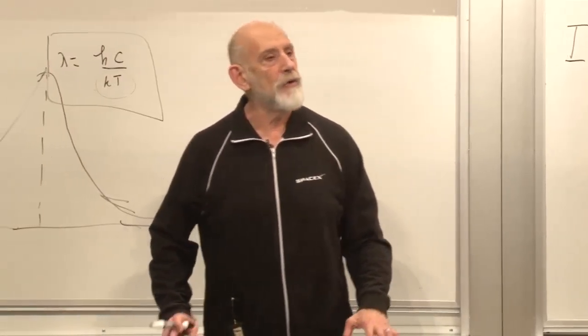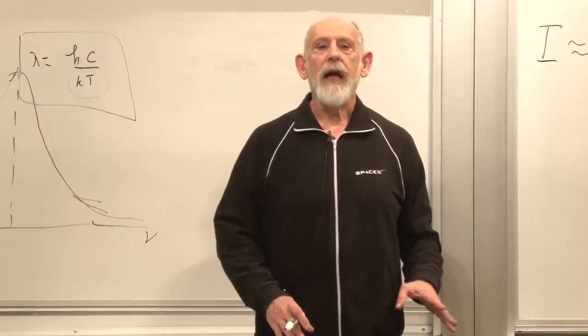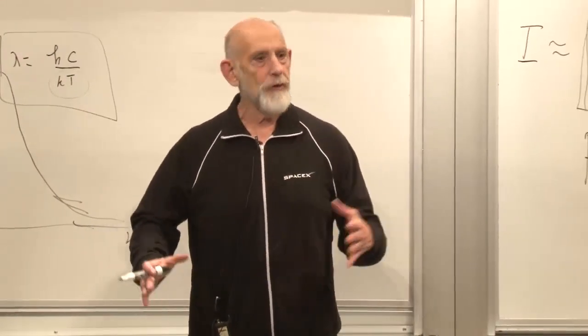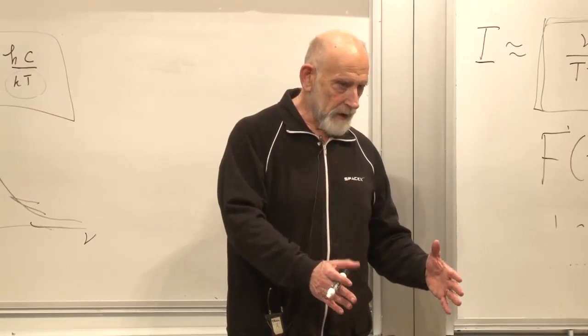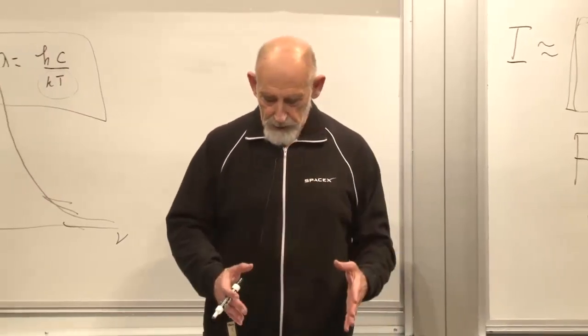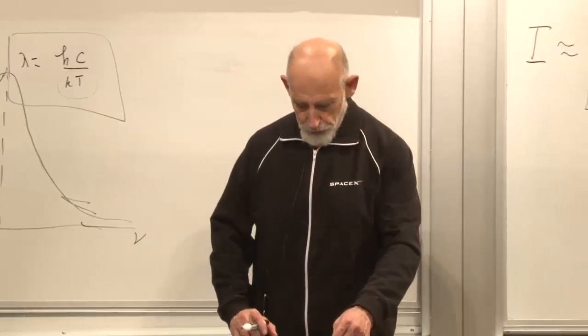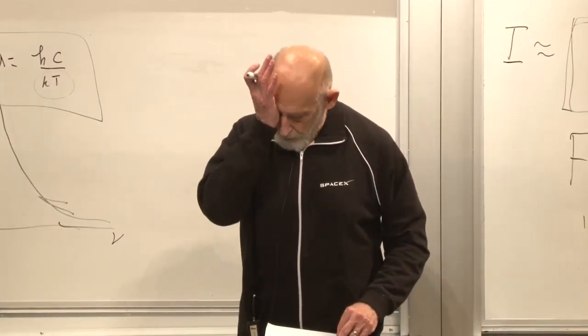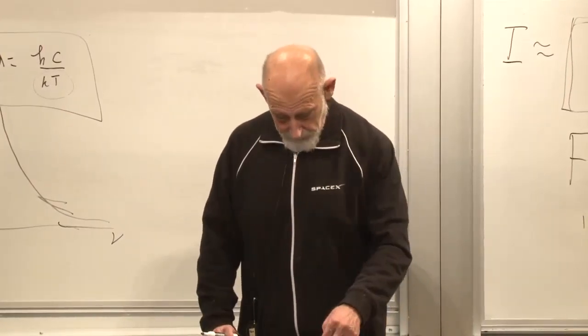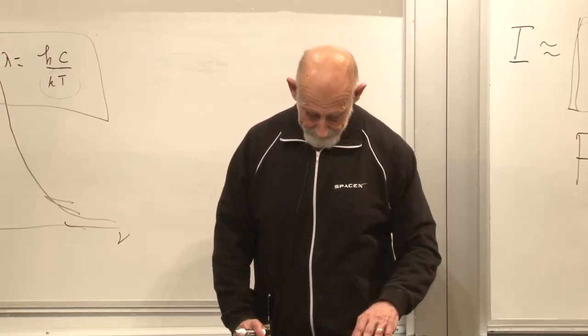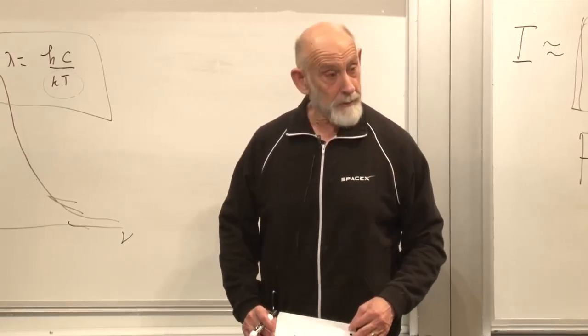If you know it at one temperature and you want to get it at another temperature, you simply rescale the frequency proportional to the rescaling of the temperature. And that's an important point. This is going to come up as a very important fact, and it's a simplifying fact.